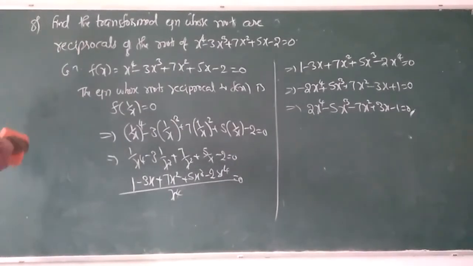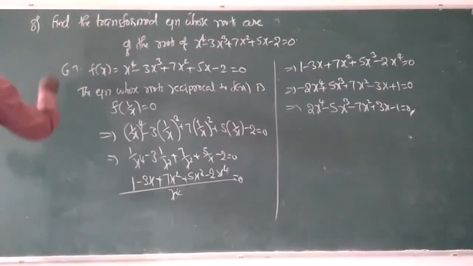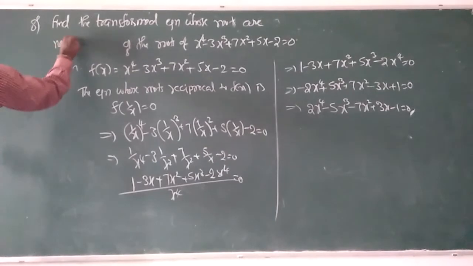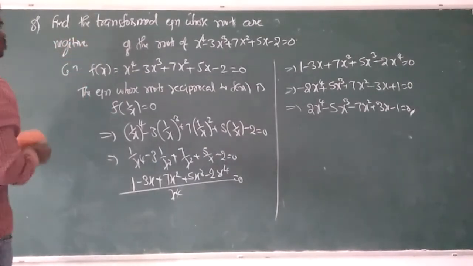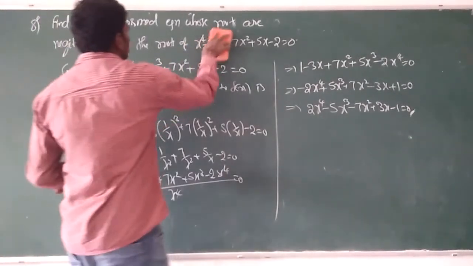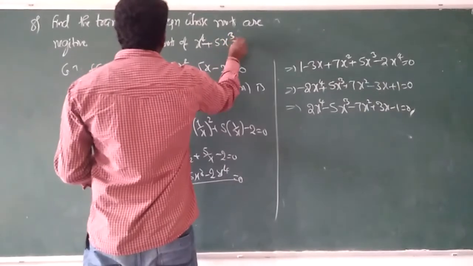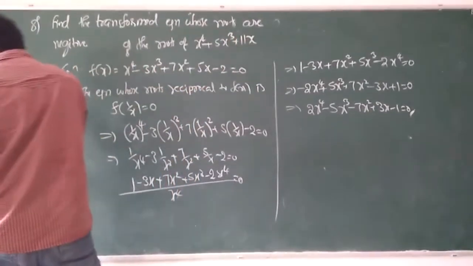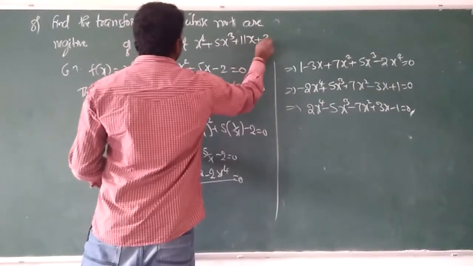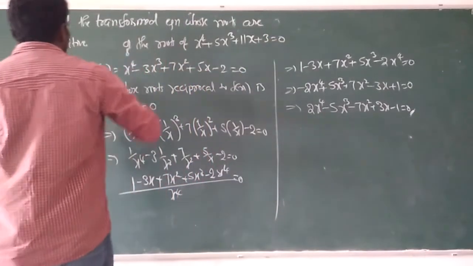Find the transform equation whose roots are the negative of the roots of x power 4 plus 5x cube plus 11x plus 3. So how to solve this question?